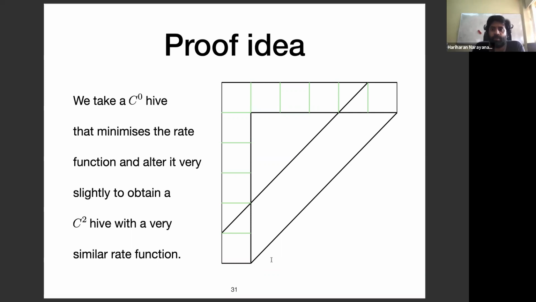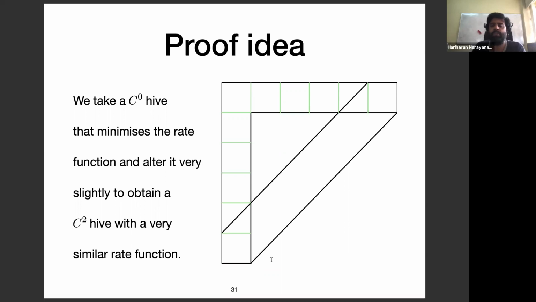This is not obvious, because it may be that for some peculiar reason you get these very highly probable C0 functions, but they don't translate into anything C2. But this is not the case if the boundary is C2.